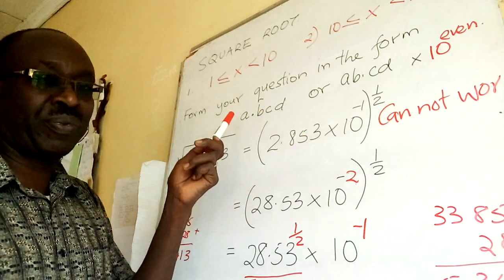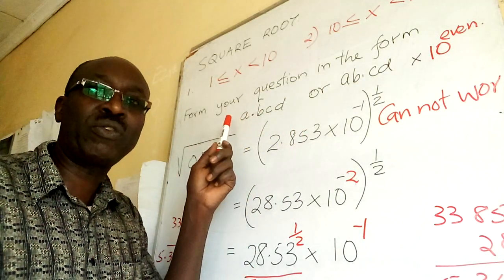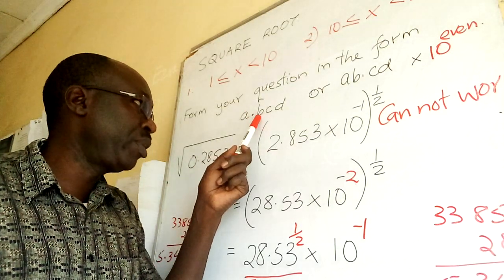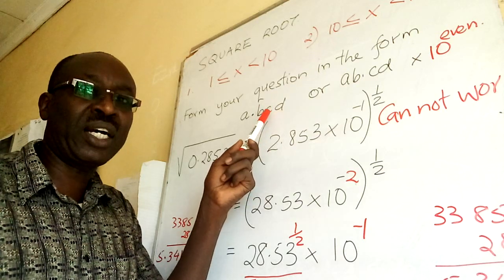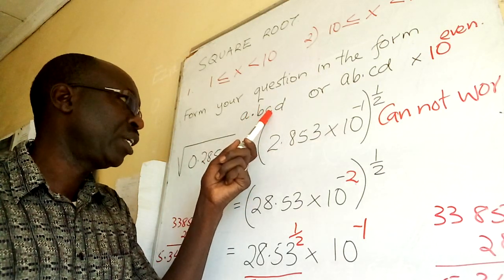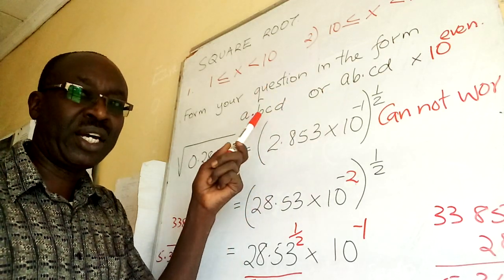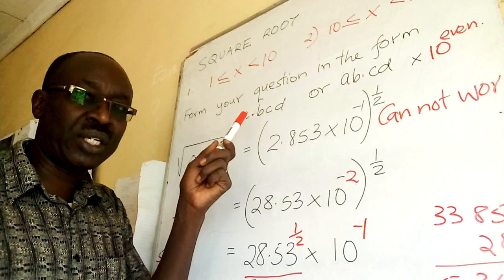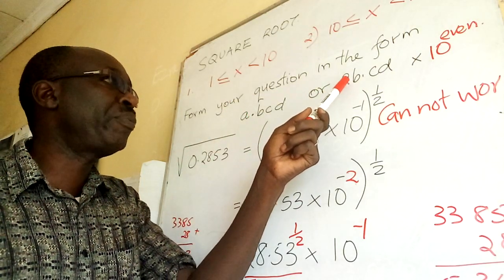So remember, whatever you are asked to find the square root of has to be in the form of A point B C D, where all these are figures. It can be A point B, or A point BC, or A point BCD, or it can also be AB point CD.